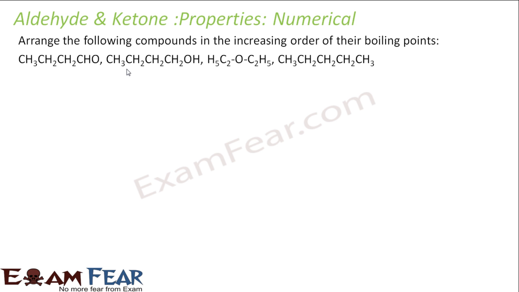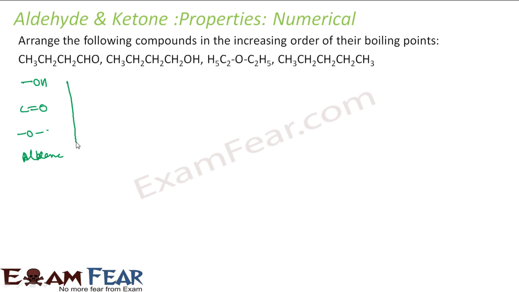If they have comparable molecular mass, we said the maximum boiling point is for the one with OH, that is, they have hydrogen bond. Correct? And then the ketones or aldehydes, because they have dipole-dipole interaction. And then you have ester. And the minimum is the normal alkane.